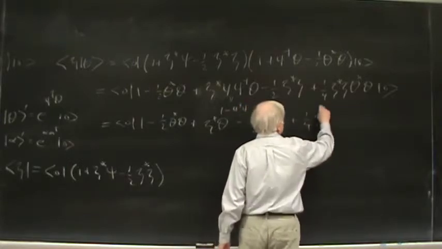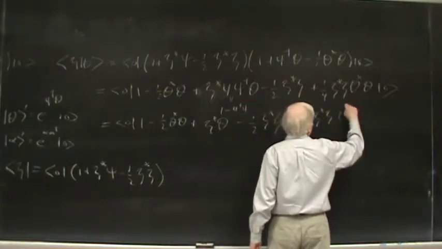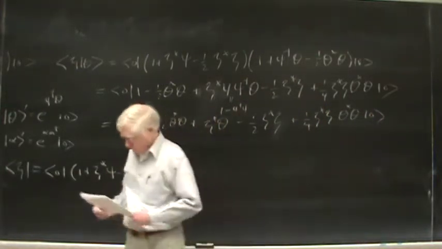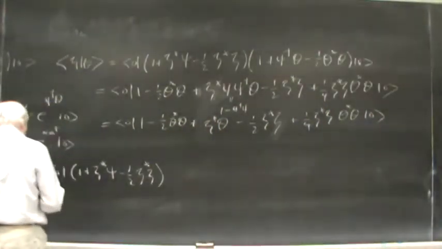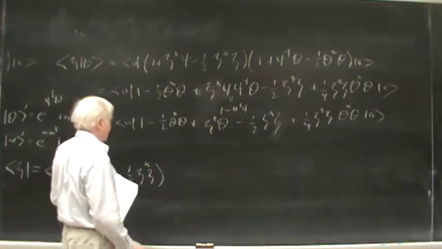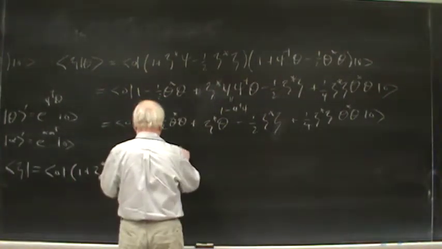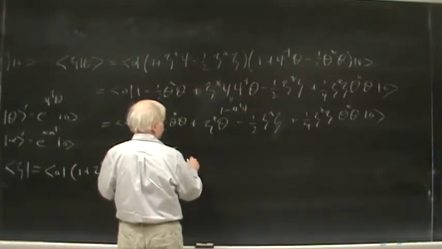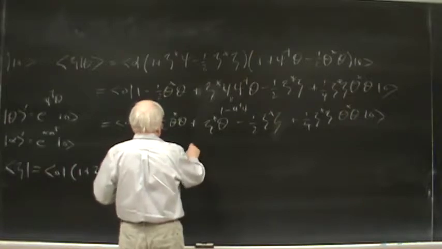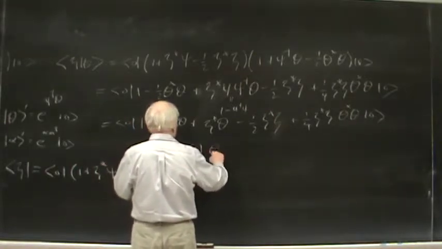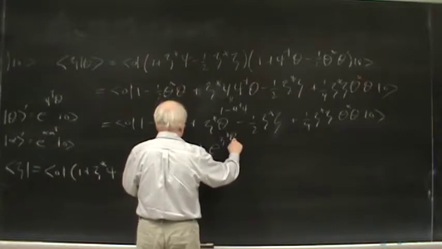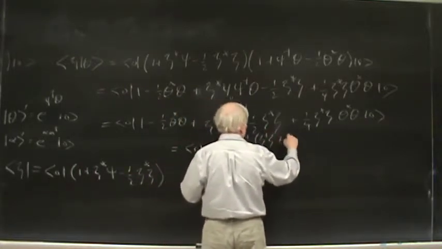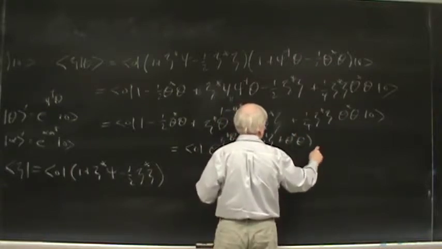Plus a quarter zeta star zeta, theta star theta. All right, so that's what we've got. And now it turns out we can rewrite that in a somewhat simpler way. We can say that this is 0 e to the zeta star theta minus a half zeta star zeta plus theta star theta.